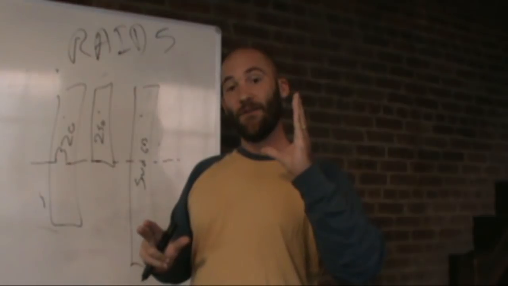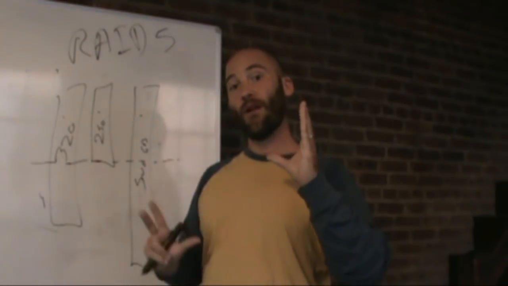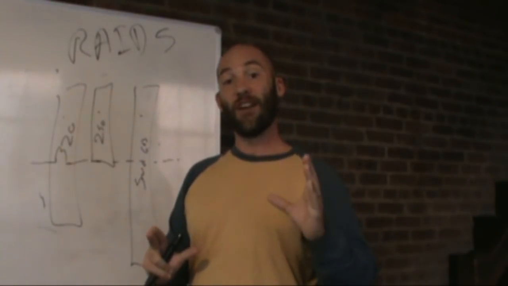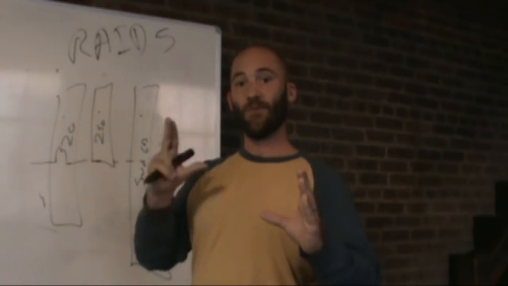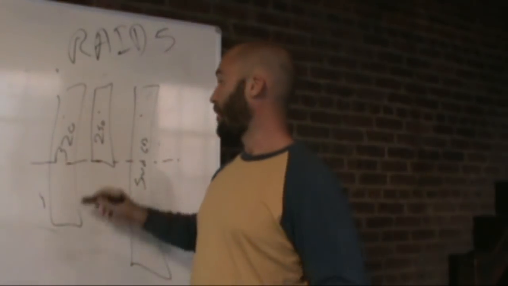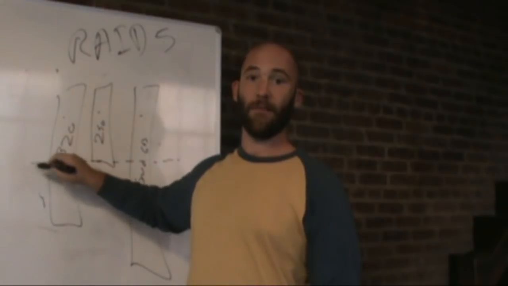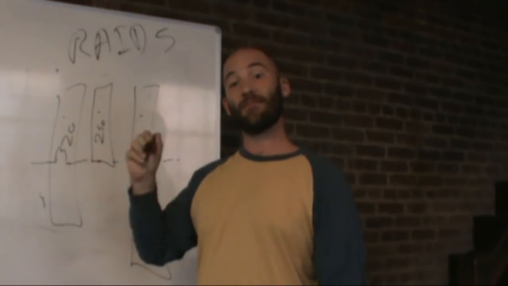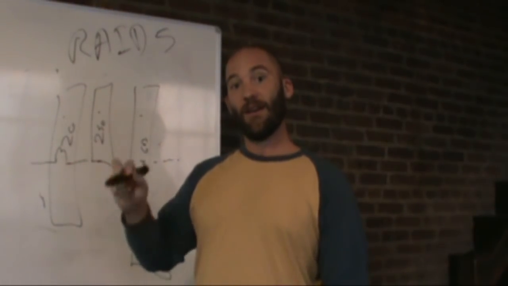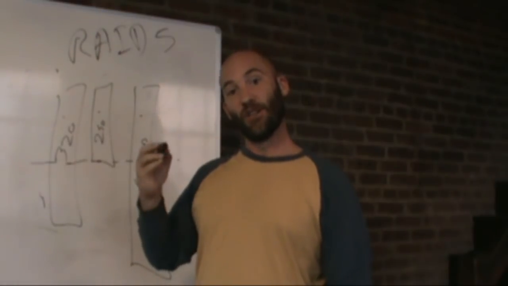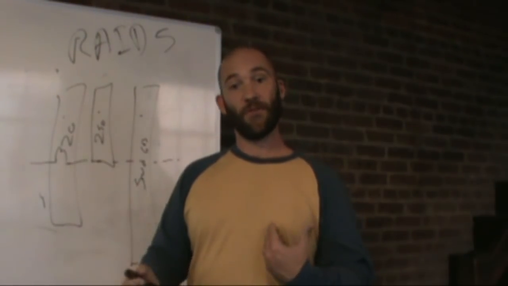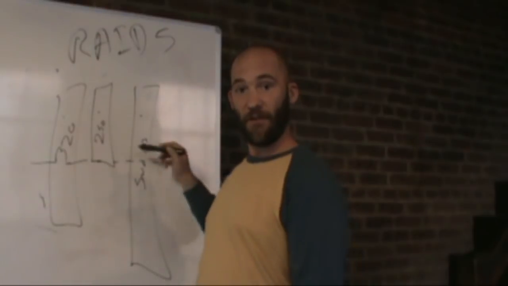So you can't use 150 gigabytes of one hard drive and 100 gigabytes of another. You can only use 100, 100, 100, or 250, 250, 250. So the smallest drive is the largest size you can use for the array from the other hard drives.